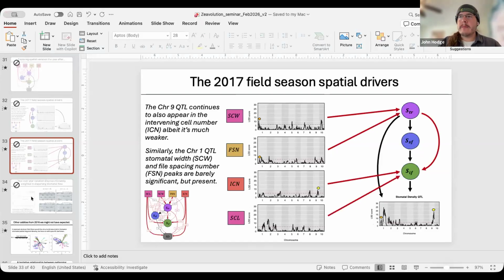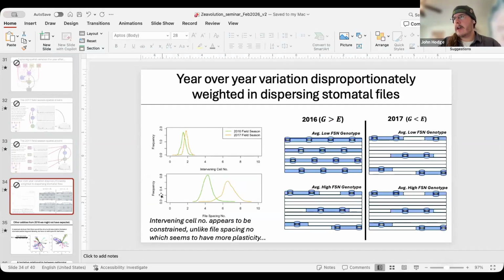What seems to happen is that the year-over-year variation is mostly working off of that file spacing number, where a couple of genotypes are panicking even during a good year, so they always put their files as far apart as possible. And that creates a very disordered system.